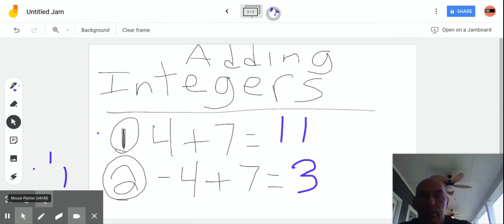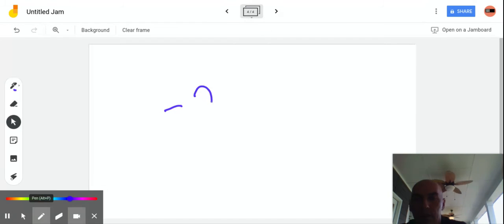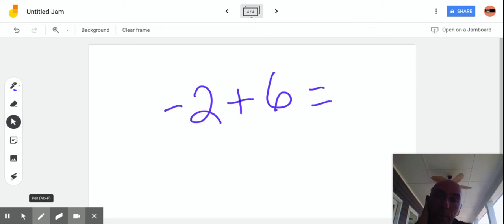Another way to do this is to take a similar problem. Let's take negative 2 plus 6. Another way to look at this without the number line, because sometimes these numbers are going to be too high to actually use a number line.